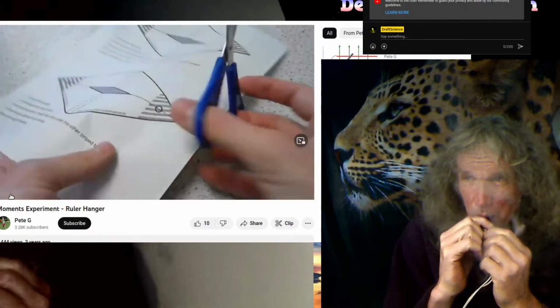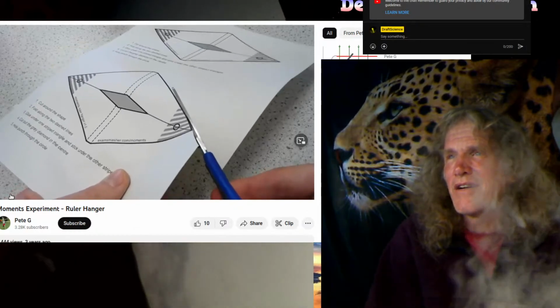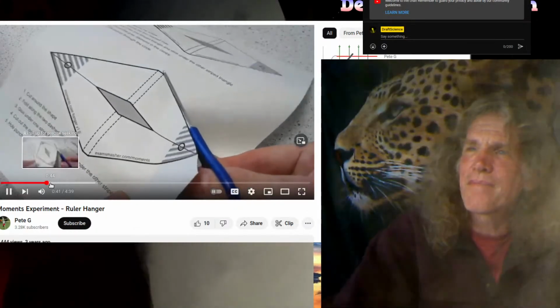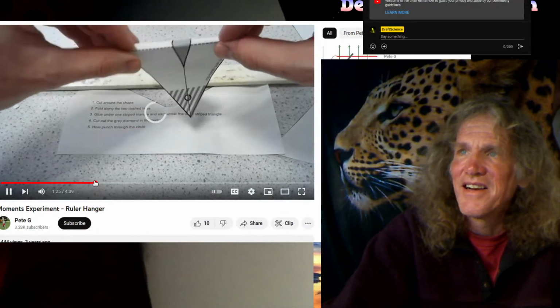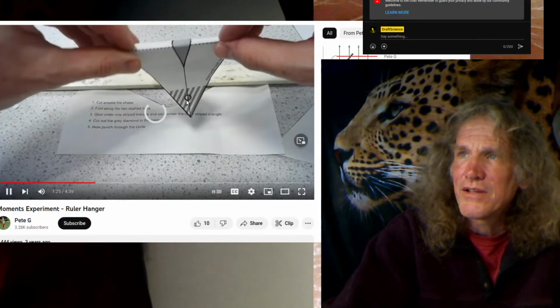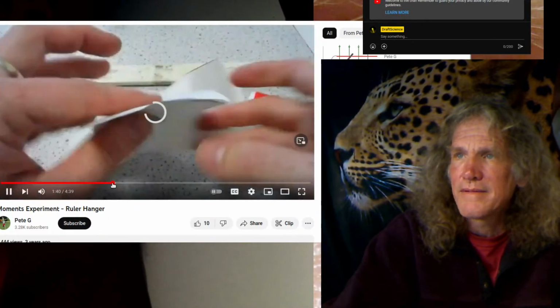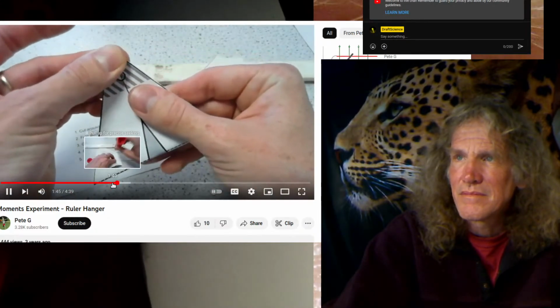Basically what you need to do is cut around the shape. You don't have to be too precise about your cutting. You're just folding it over the ruler, and then you have your hole punch that you'll hang it from a nail or some kind of object. Try and make sure they line up quite neatly.